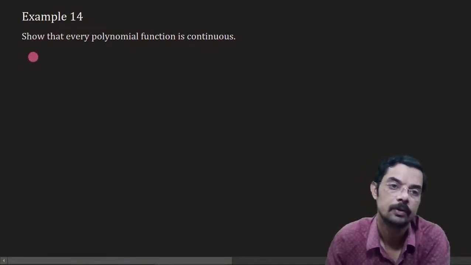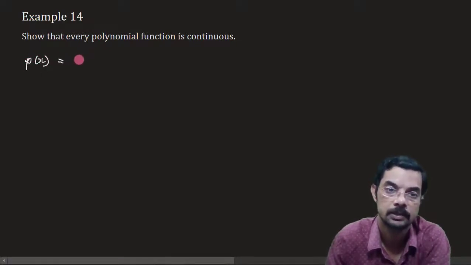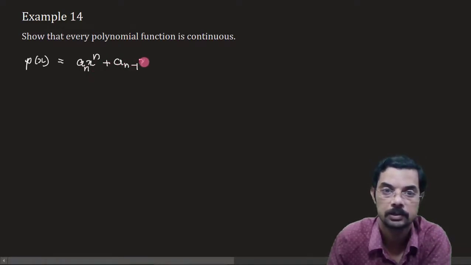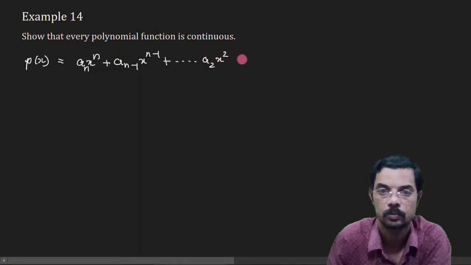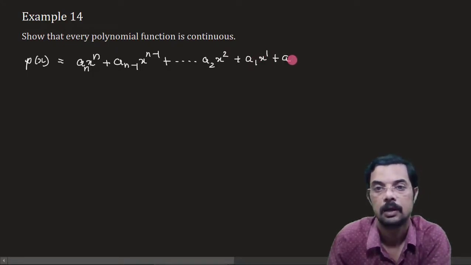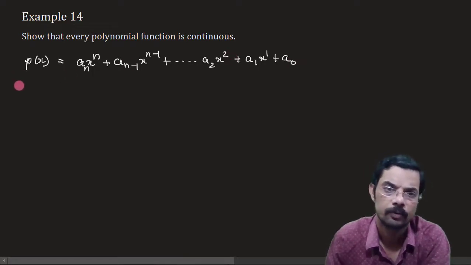We know that a polynomial function p of x is defined as a_n x raised to n plus a_(n-1) x raised to n minus 1 plus up to a_2 x raised to 2 plus a_1 x raised to 1 plus a_0.